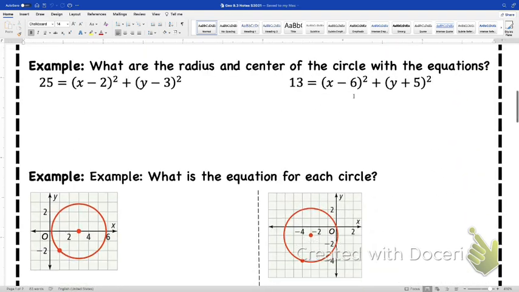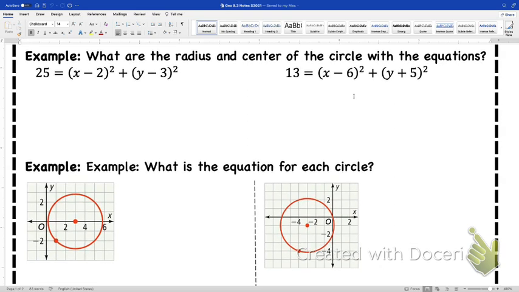Okay, so now I'm going to use these. It says what are the radius and the centers of each of the equations. Okay. So the equation, I'm going to write it over here, was r squared equals x minus h squared plus y minus k squared, correct?